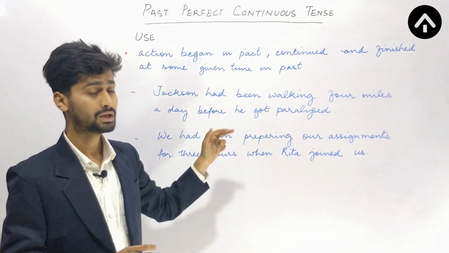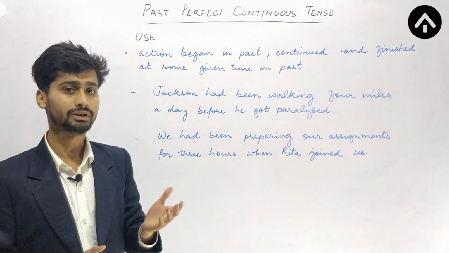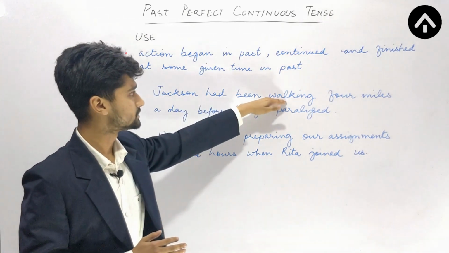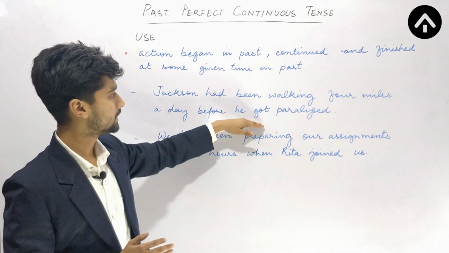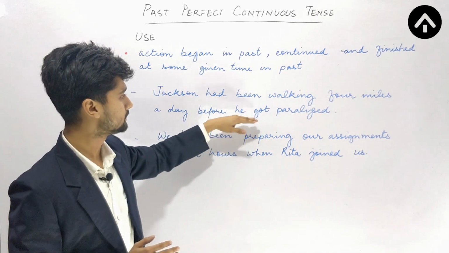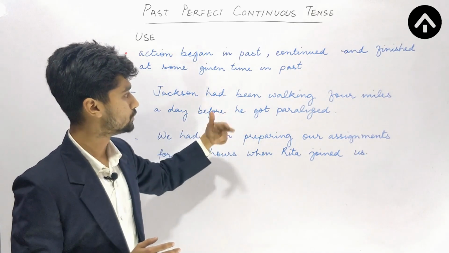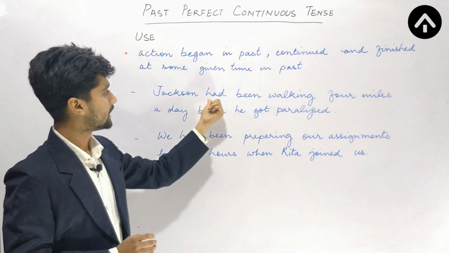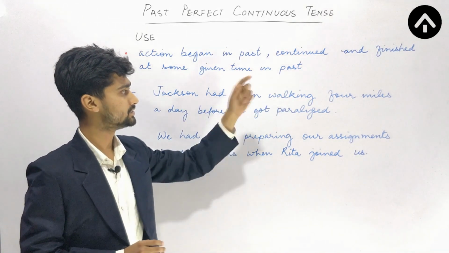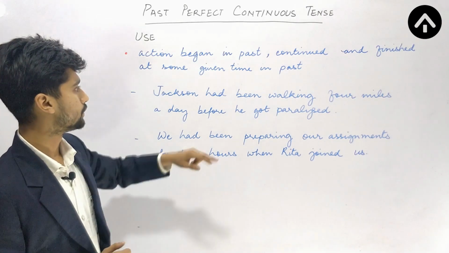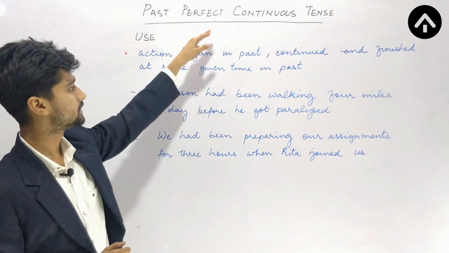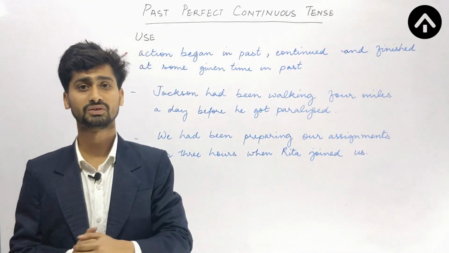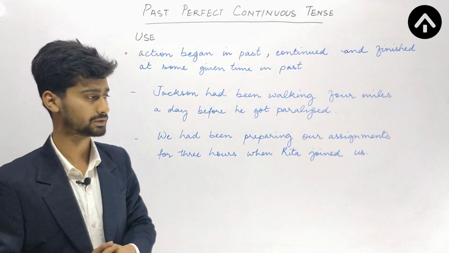Here we are using the structure of past indefinite tense. So this action was overtaken by another past action, which is when he got paralyzed. Here I am using had, been and the ing form of the verb. So had is denoting the perfect aspect, whereas the ing form of the verb is denoting the continuous aspect.